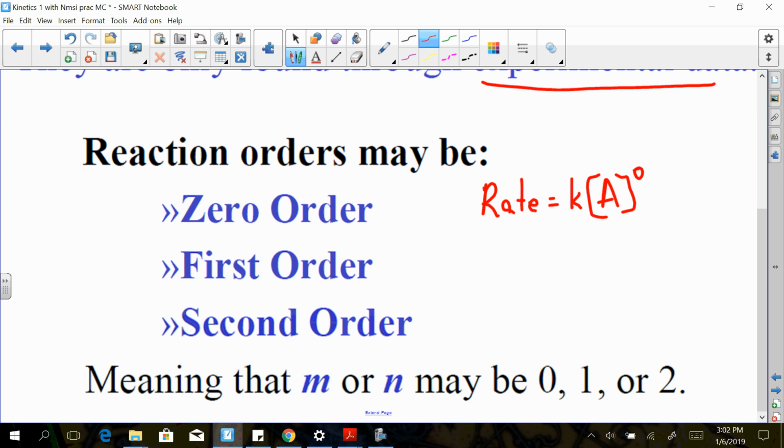And let's say this little exponent is 0. What does that mean? That means the rate is only affected by the rate constant. This is zero order. The concentration of A does not matter at all because A to the 0 power is 1. So we don't have to worry about that.